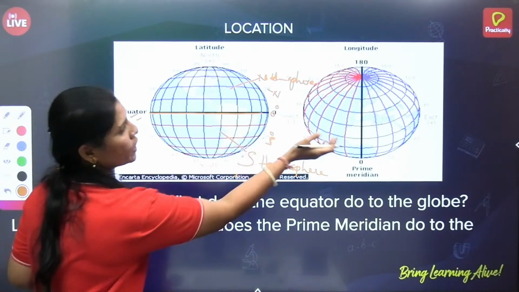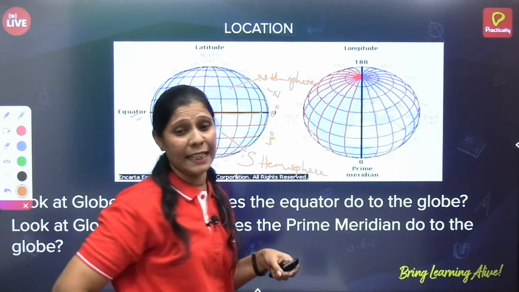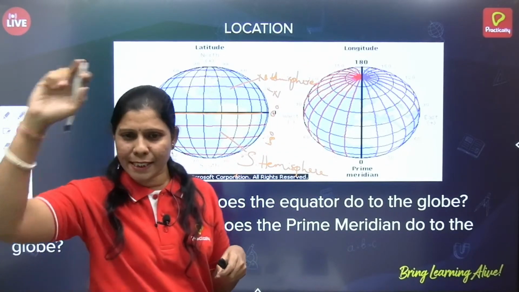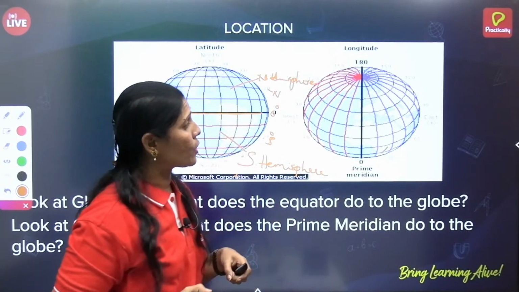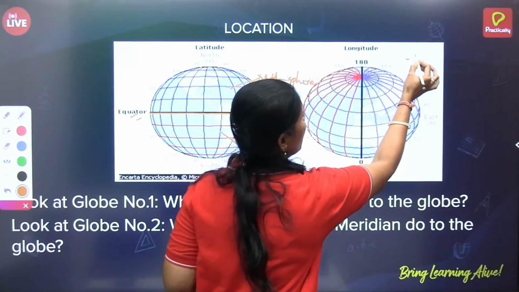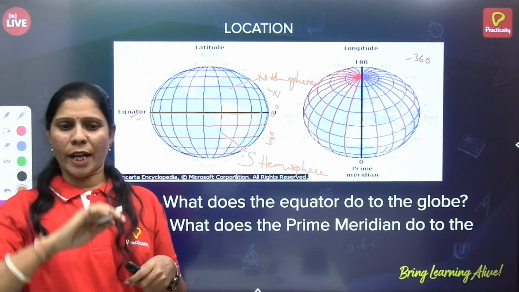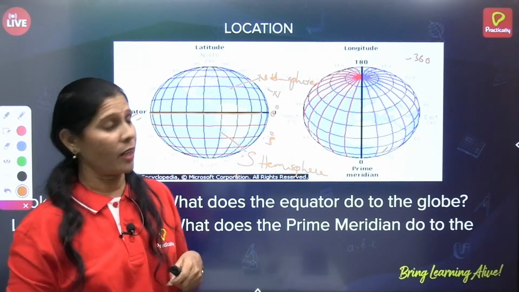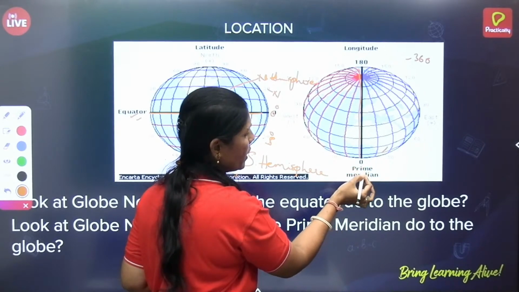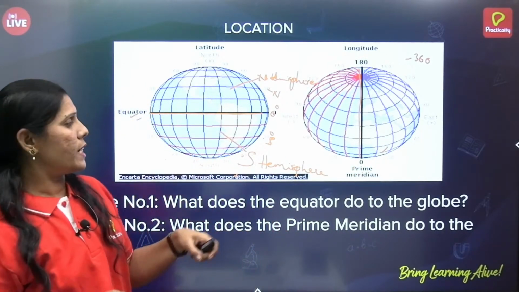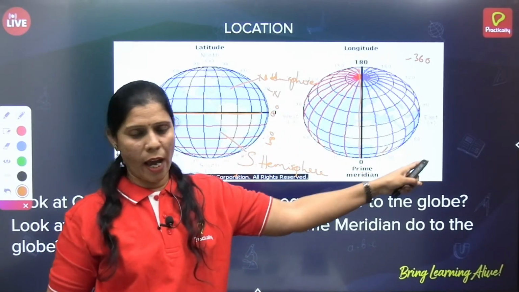So let us go to the longitudes. Longitudes are the longer, lengthy lines and they are full circle lines. There are completely 360 longitudes, 180 to one hemisphere and 180 to the other hemisphere. The exact middle longitude we call the prime meridian. It divides the globe again into two hemispheres.